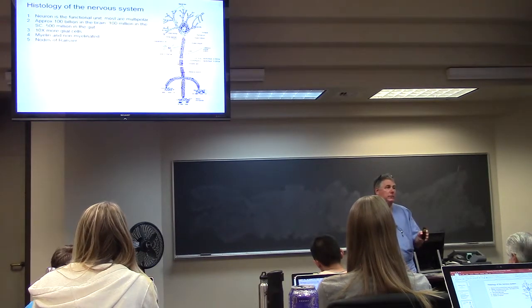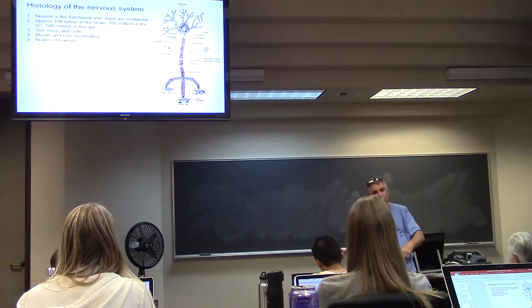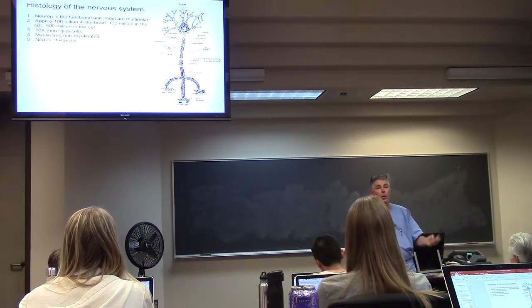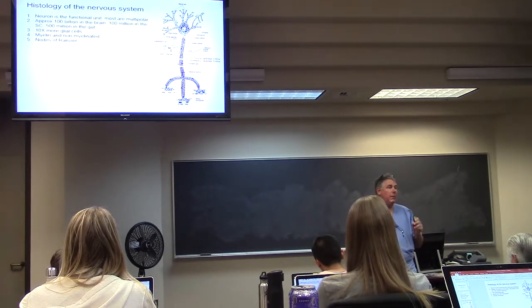That's the central nervous system. The rootlets and the dorsal roots and all the autonomic nerves and the dorsal ganglia, they're all part of the peripheral nervous system. In the central nervous system, the myelinating cell type is the oligodendrocyte. In the peripheral nervous system, it's the Schwann cell. So that's really one of the biggest differences.